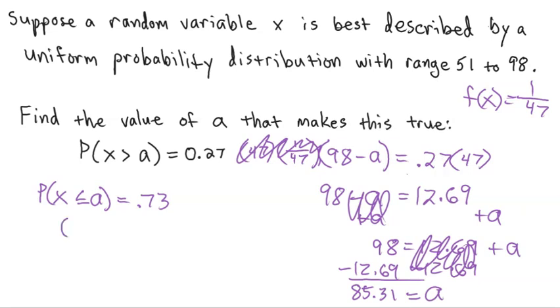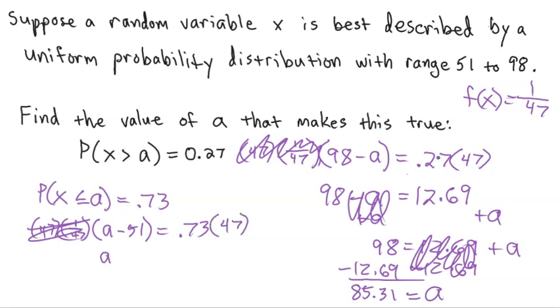So again, we're going to have 1 over 47 times, now it's going to be a minus 51. A minus 51 equals 0.73. And we're going to multiply by 47 on both sides. It's going to cancel. Multiply by 47 over here.